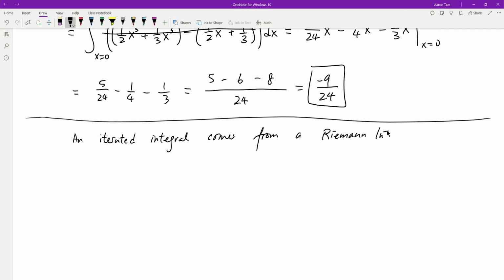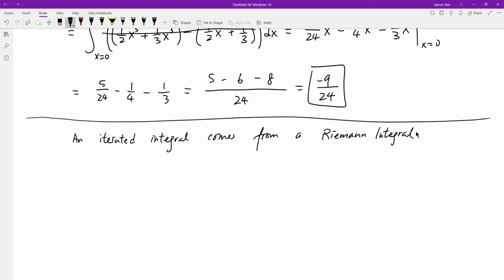Remember I mentioned that an iterated integral is basically a necessary step to transform a Riemann integral into a numerical value. That's how we actually evaluate a Riemann integral, by rewriting it into an iterated integral.